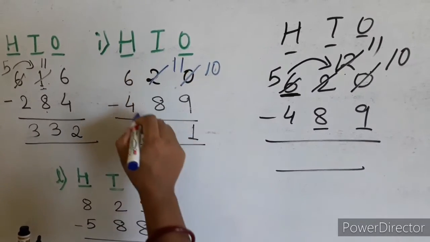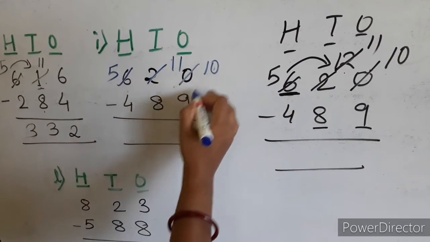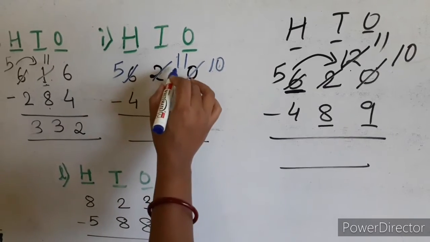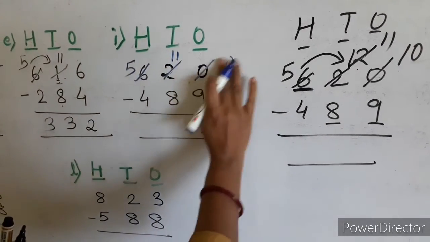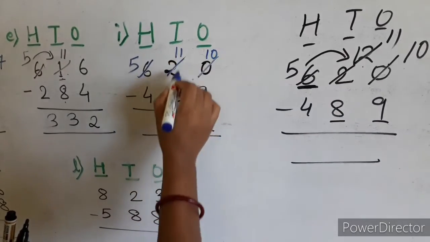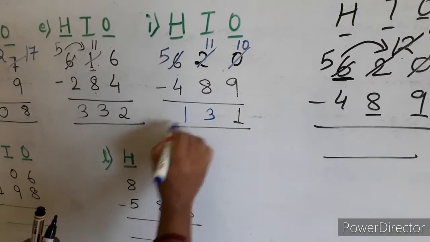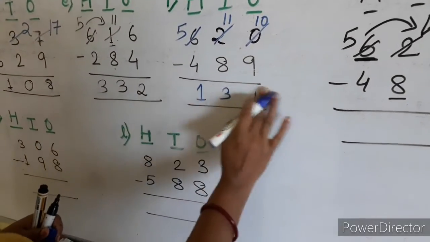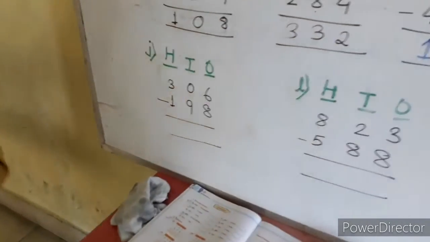Hope all of you understood this one. Here 10 minus 9 will be 1, and 11 minus 8 will be 3, and this one will be 131.